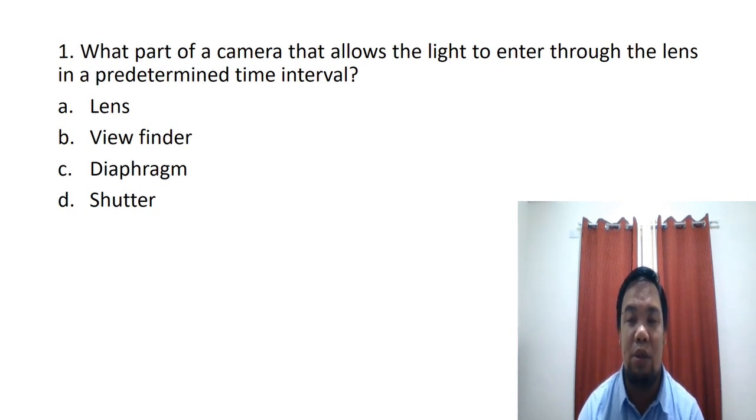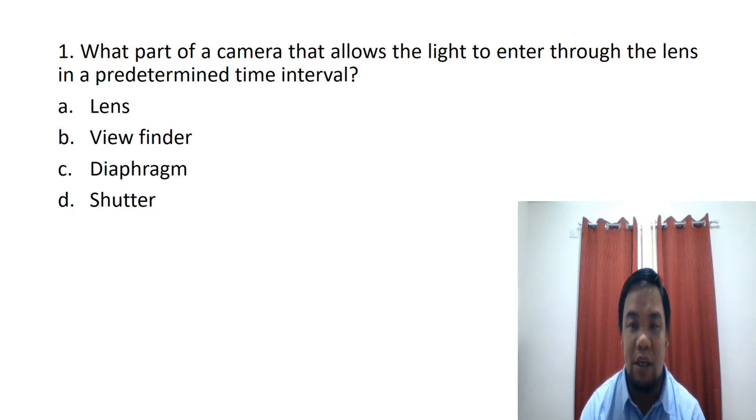Allow me to read the question and the choices. What part of the camera allows the light to enter through the lens in a predetermined time interval? A. Lens, B. Viewfinder, C. Diaphragm, D. Shutter. So after reading the question and analyzing the same, we have to identify the keyword.